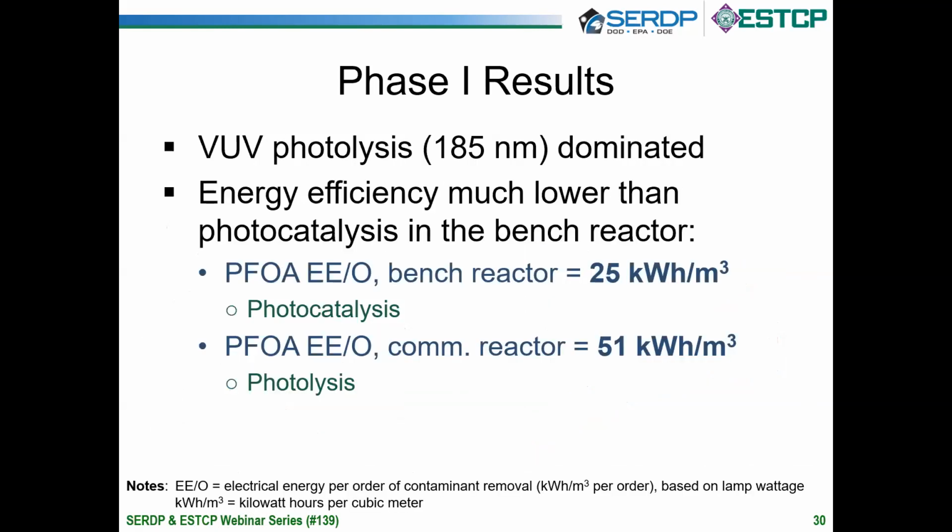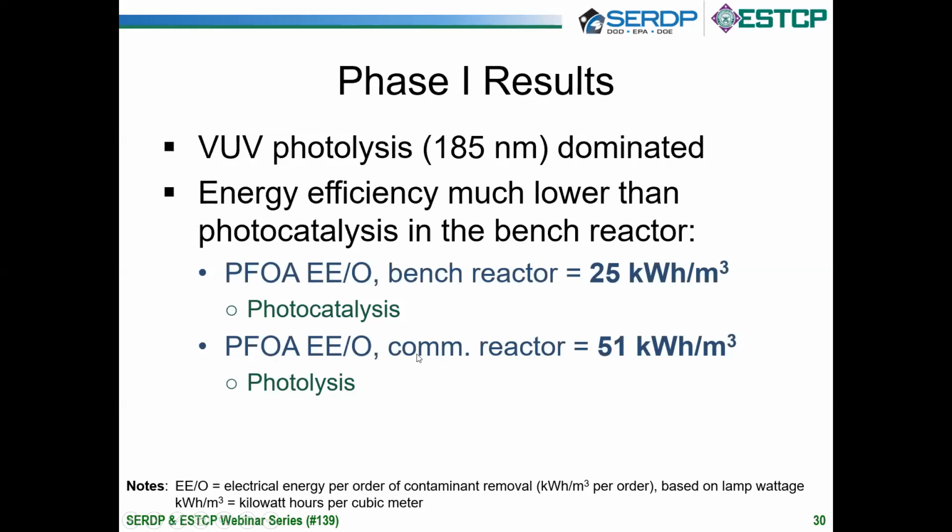So on the one hand, you might be thinking, great, we can degrade a wider range of PFAS and we don't even need the catalyst, so why not just go all in on this vacuum UV photolysis? Well, the reason we're still pursuing photocatalytic degradation is that for PFOA degradation, our energy efficiency per order that we observed in the bench reactor was 25 kilowatt hours per cubic meter.